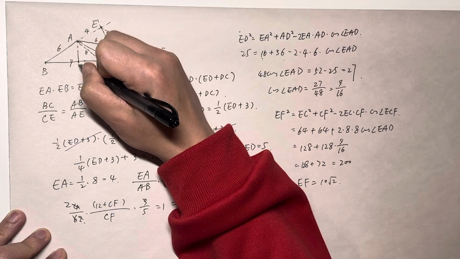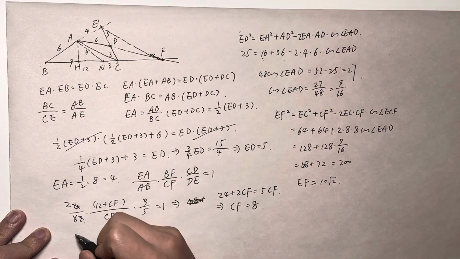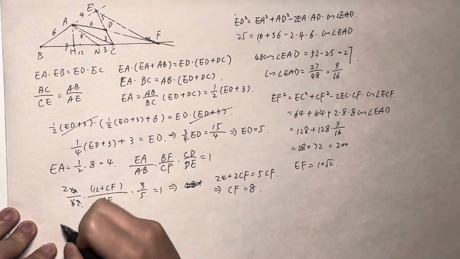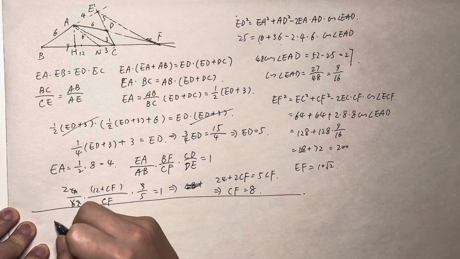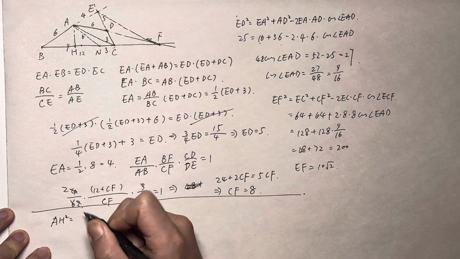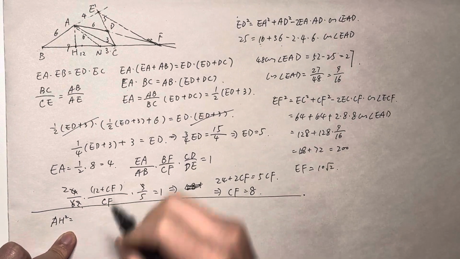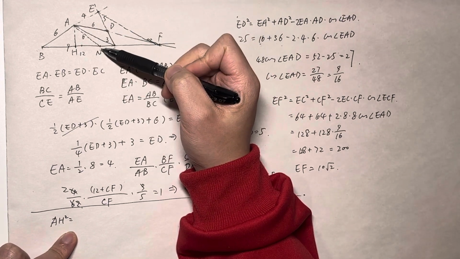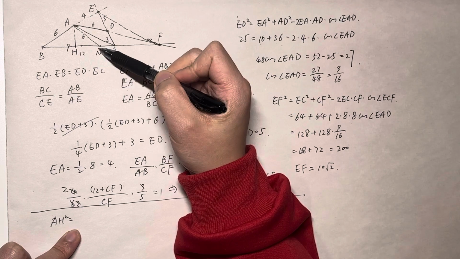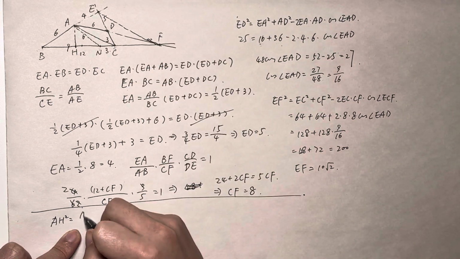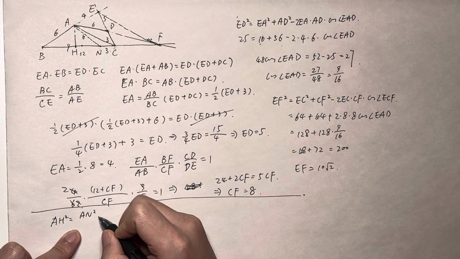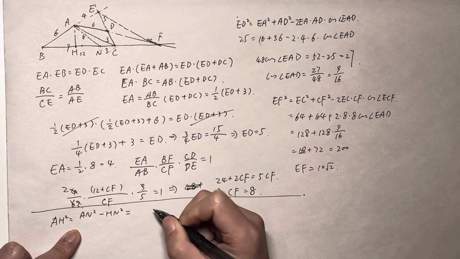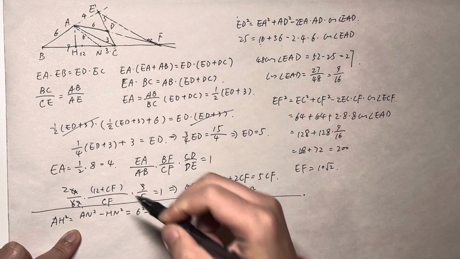Let's call this point H. AH squared equals AN squared minus HN squared, which equals 6 squared minus HN squared.